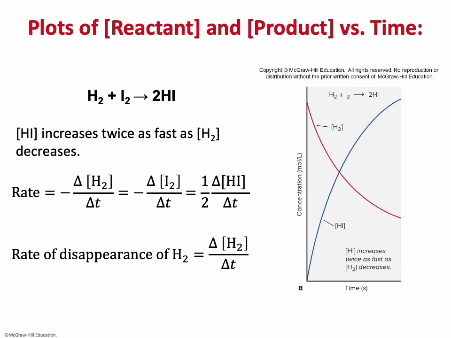Another example is H2 plus I2 gives you 2HI, which means the negative change in concentration of H2 equals the negative change in concentration of I2, everything divided by 1 because the coefficients, nothing is written, which means it's 1, nothing is written, which means it's 1, and here HI is twice, so it would be 1/2.